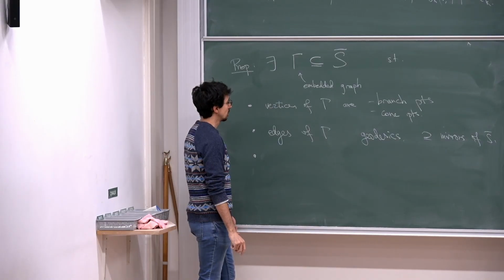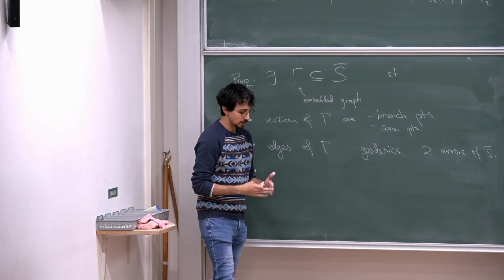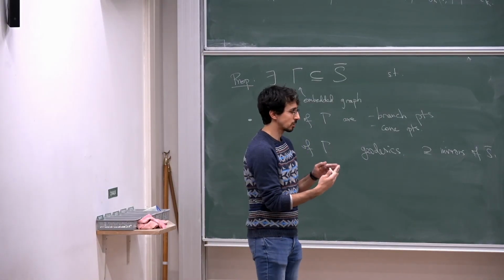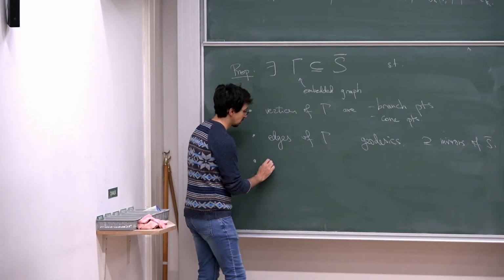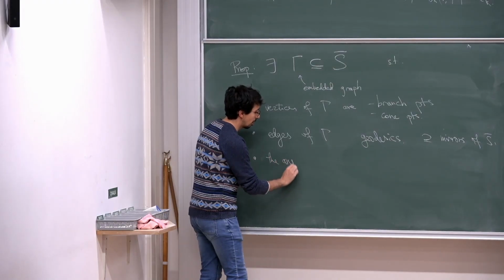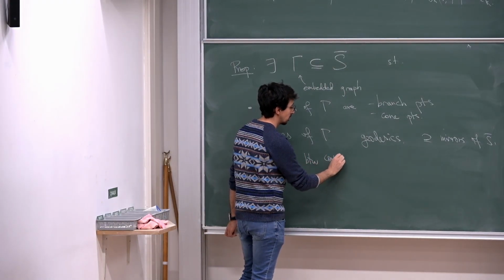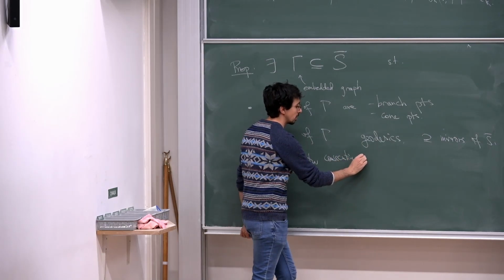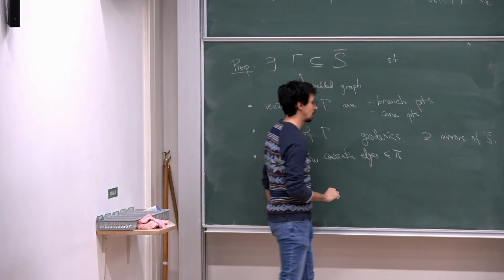And what else? We want to get to a situation where the angle between any consecutive edges of gamma is less than phi.